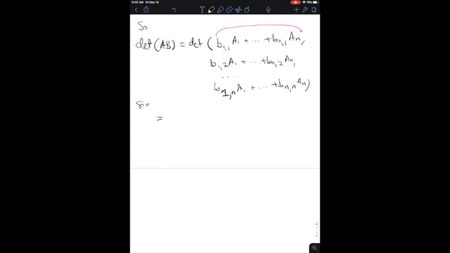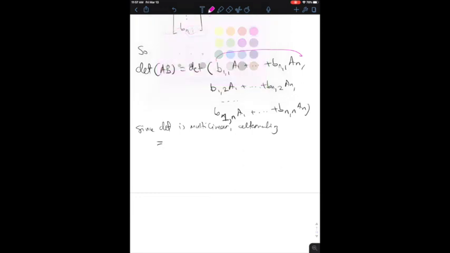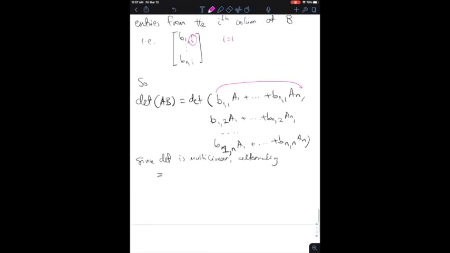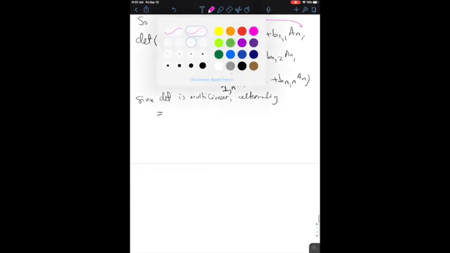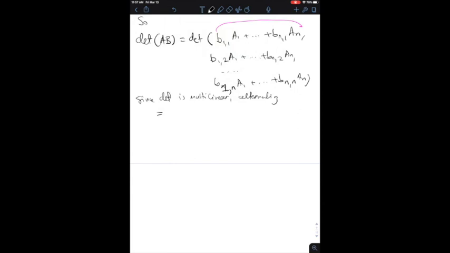So since determinant is multilinear and alternating, and now we've taken entries which are linear combinations of A1 up to An, we can write this in terms of the determinant of A1 up to An, the determinant of A.